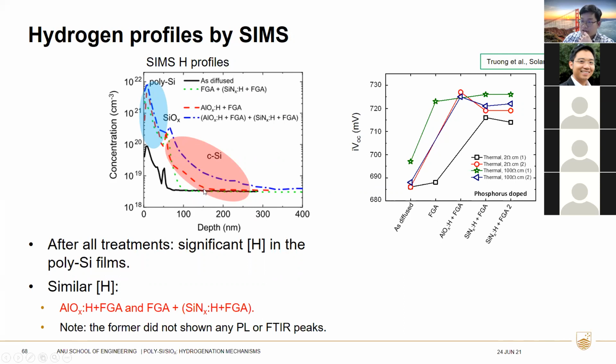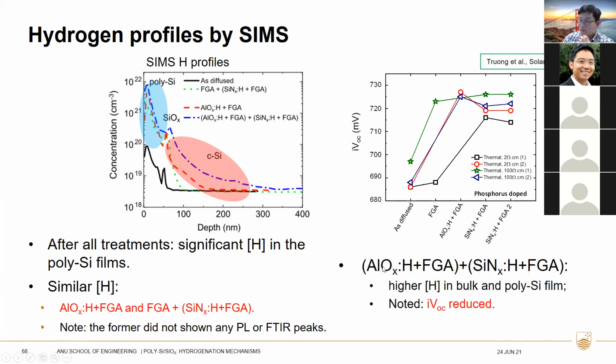We know that the ALOX and forming gas here did not show any PL or FTIR peaks. Meanwhile, for the sample ALOX and forming gas and then silicon nitride and forming gas, we see a higher concentration of hydrogen in the bulk of the polysilicon film, and we noted that the IVOC reduced.